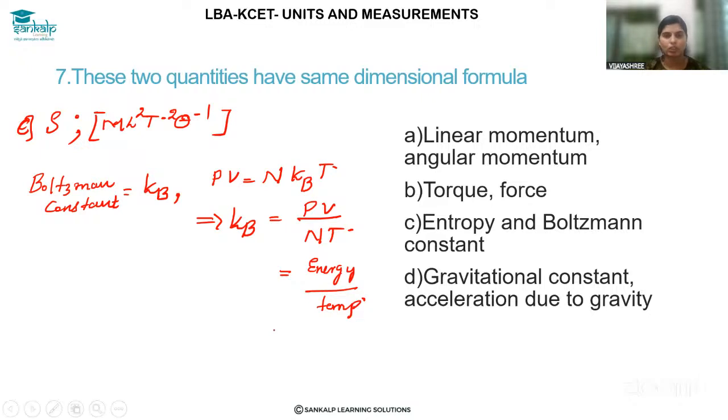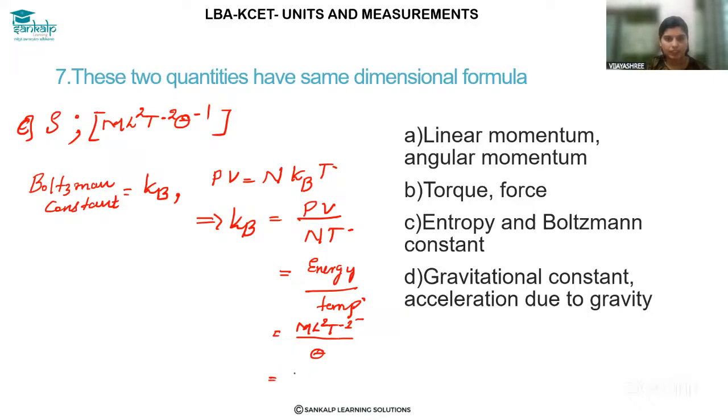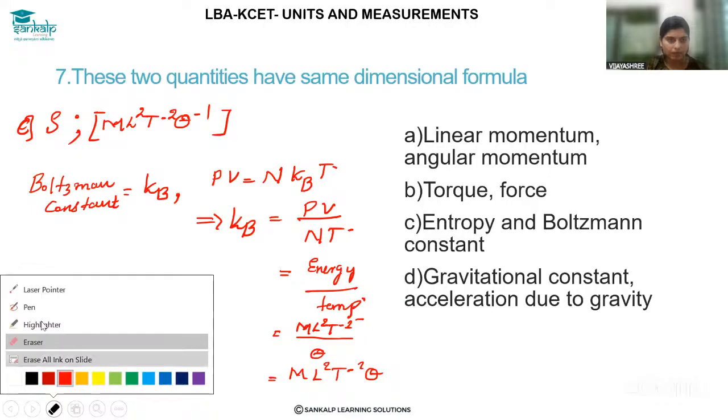So what is the dimension of energy? Energy means force into distance. So its dimension is ML² T⁻². Temperature comes like this. Then it is equal to ML² T⁻², this raised to -1.